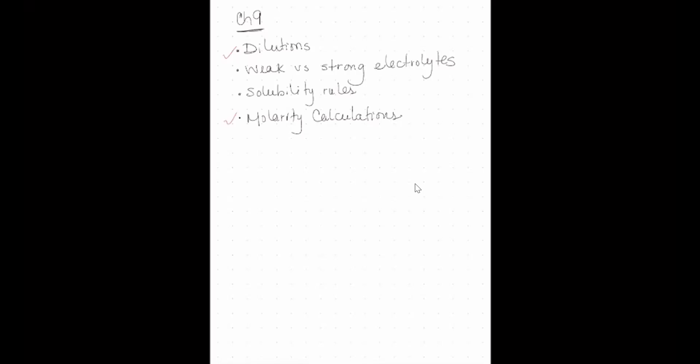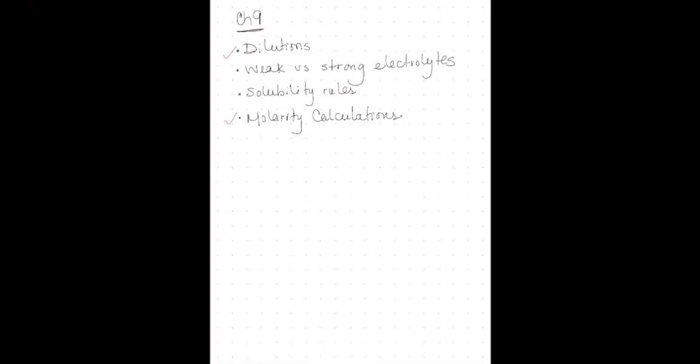The non-electrolytes, we typically don't talk about them often in class because we do not see them until we do organic chemistry. But understand that those are not going to break into ions at all. It's mostly going to be covalent compounds. Some of them can have hydrogen, but they don't have the ability to break into ions.